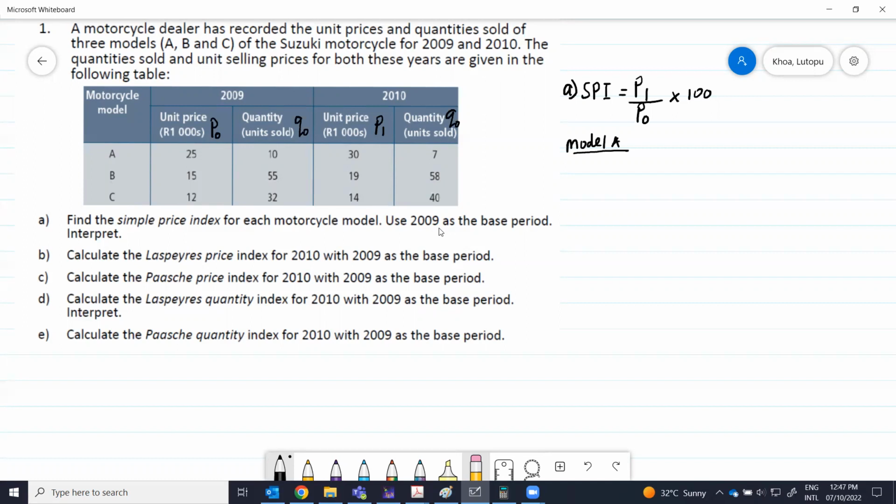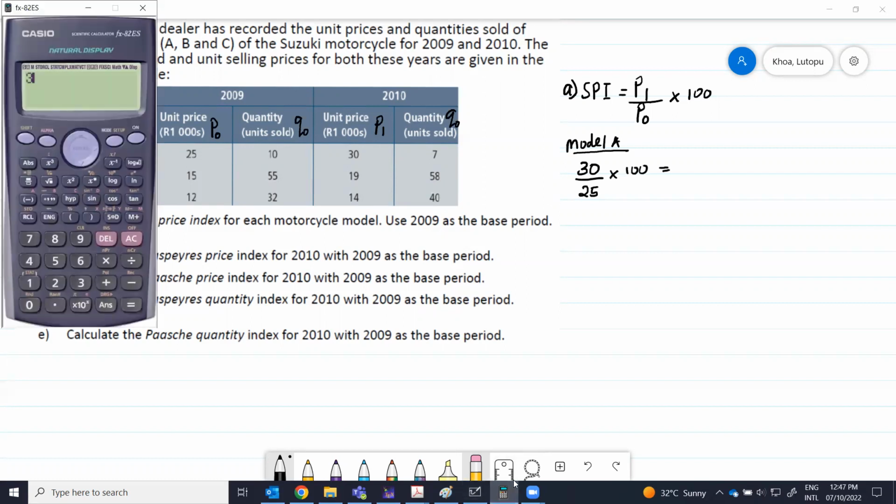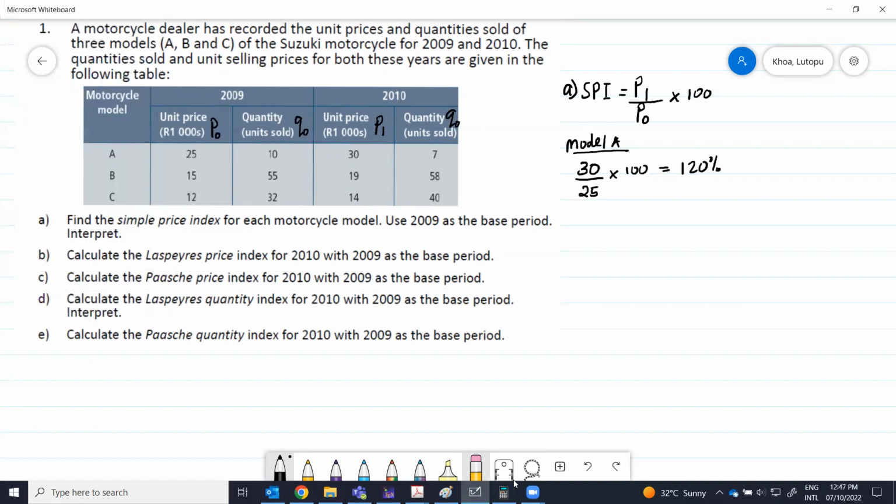So our P1 is 30, our P naught is 25. Then you multiply by 100, as you can do on your calculator. This is 120%.